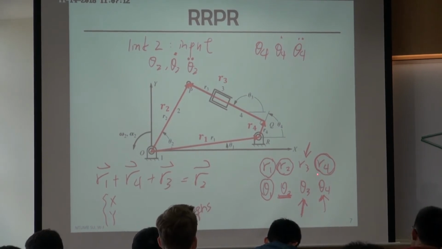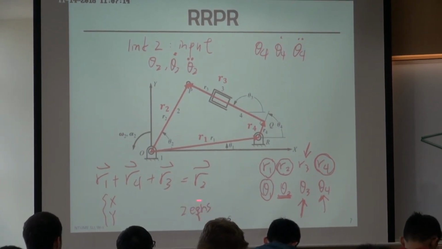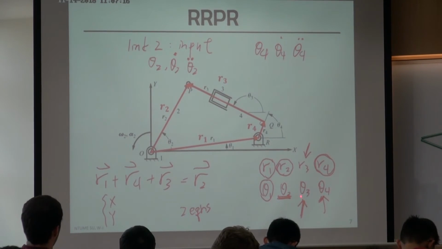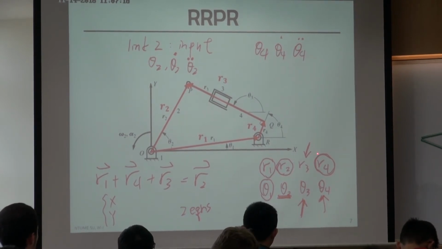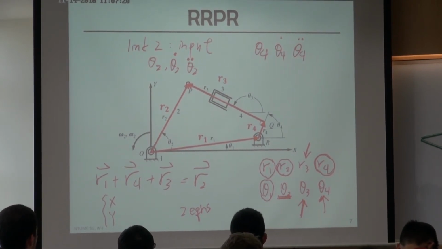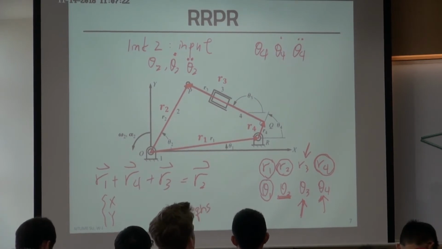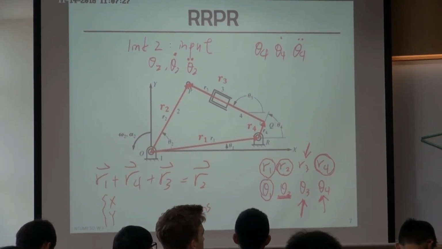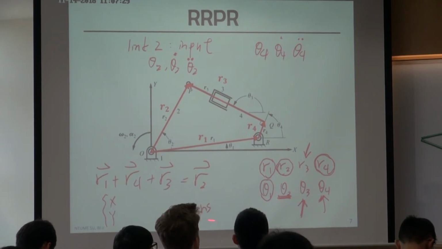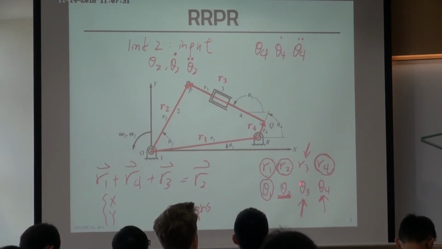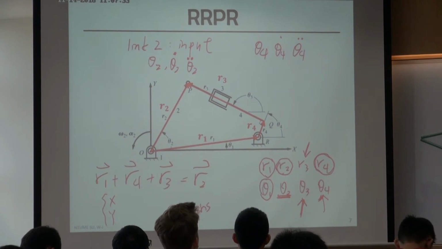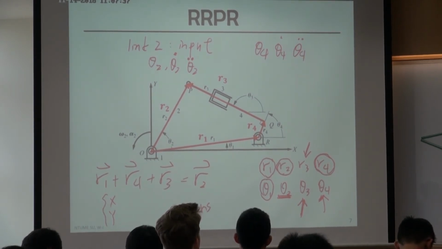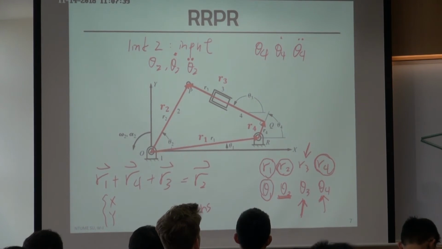So it seems we got a problem. Right now we have only 2 equations, but we have 1, 2, 3 unknowns. So if we want to solve 3 unknowns, how should we do? How can we solve these 3 unknowns by these 2 equations?